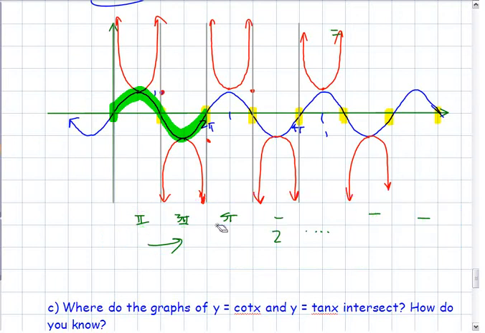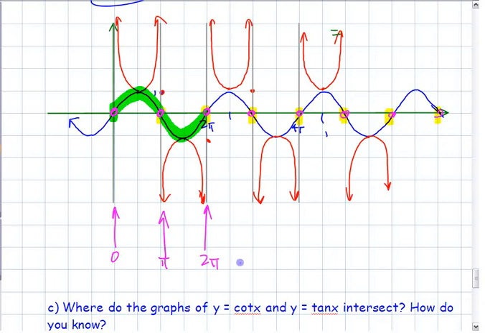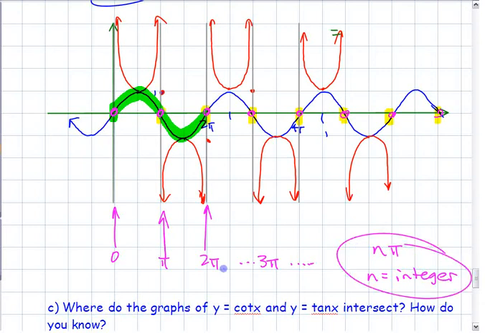These are slightly different: there's one at 0, one at pi, one at 2 pi, because that's where the zeros of sine are. Sine hits 0 every multiple of pi. So it's easier to write where these are. They're just multiples of pi. You can just say n times pi, where n is an integer, if you're talking about where the asymptotes are. Those are related because they're reciprocals of each other.